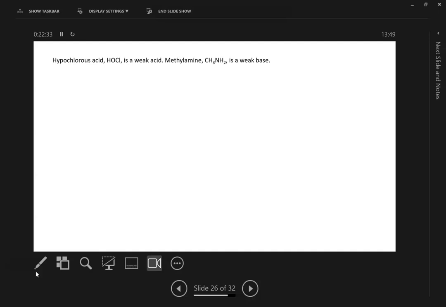We have hypochlorous acid, HOCl, a weak acid, and methylamine, CH3NH2, a weak base. So we want to write the balanced chemical equation for the ionization of HOCl in water. It's a weak acid, so it's going to donate that hydrogen on HOCl and give it to water, forming H3O plus and OCl minus.